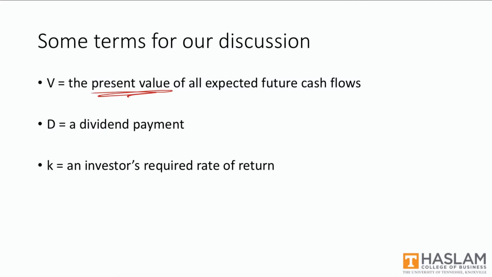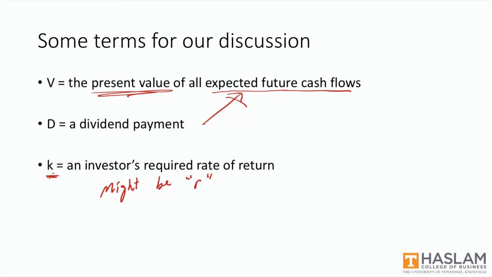The D's are dividend payments or expected future dividend payments, and so the D's are going to correspond to the expected future cash flows that we think about for calculating intrinsic values. And the K term that you see is a discount rate, or an investor's required rate of return. In some textbooks, the K might show up as an R. So a K and an R are essentially the same thing.